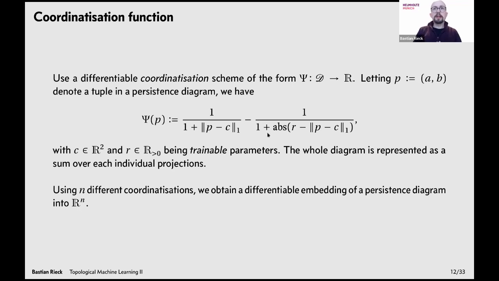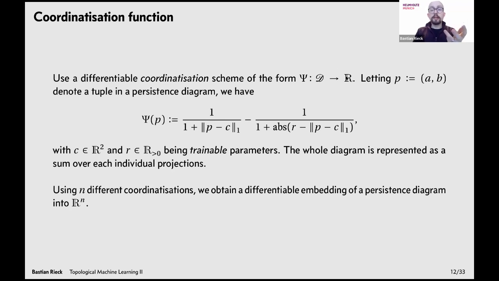The details are not super important. It's just relevant for you to understand that there's two trainable parameters in there. There's a C parameter, a centroid parameter, and a radius parameter. Both of them are trainable, and evaluating one instance of this coordinatization function psi leads to one scalar value.